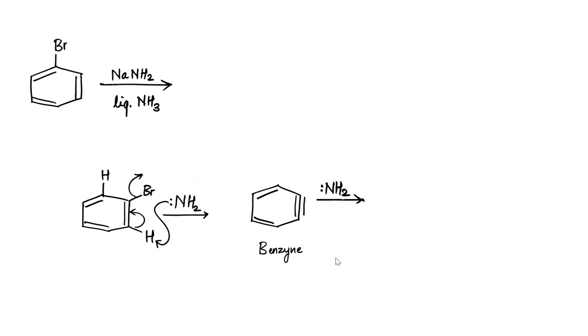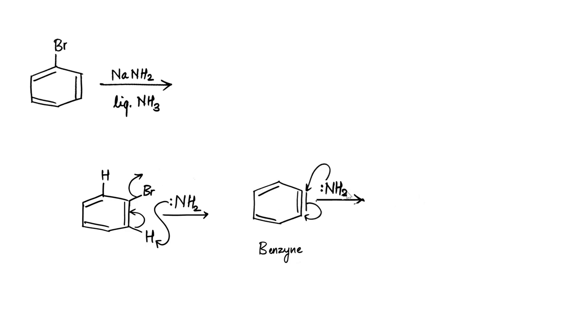This NH2, with its lone pair, may attack on this carbon or it may attack on this position. So different types of product you will get. But as the structure is symmetrical, both products will be the same. So you will get finally only substitution of this NH2.